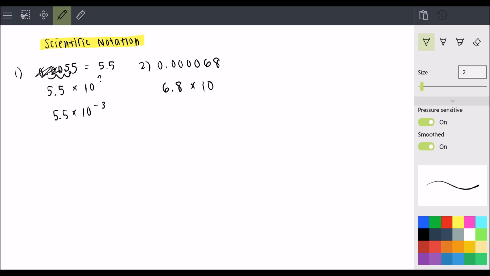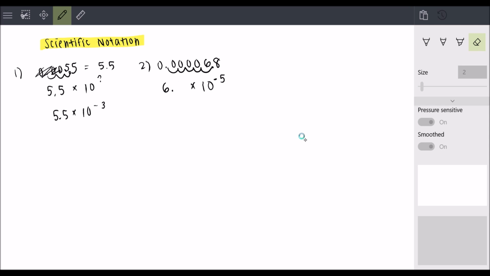We know that it is negative because our number is less than 1. Now let's count the decimal places. To move the decimal from where it is right now to form 6.8, we need to move the decimal 5 places. So our value is 5, and since our number is less than 1, it's negative. Our number in scientific notation is 6.8 times 10 to the negative 5.